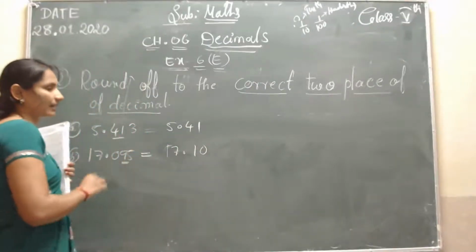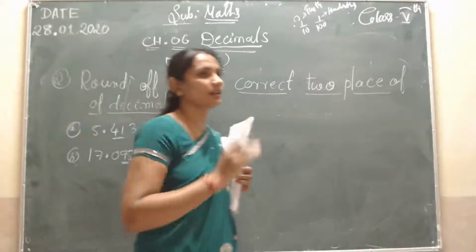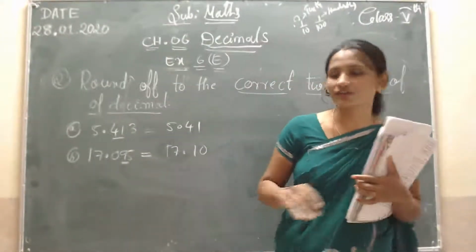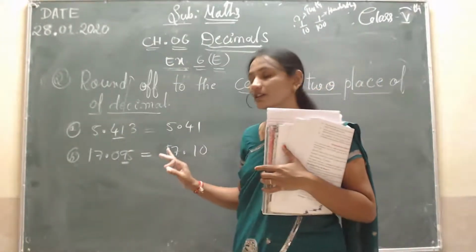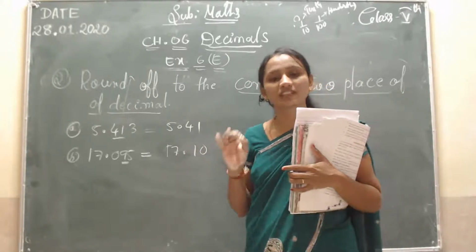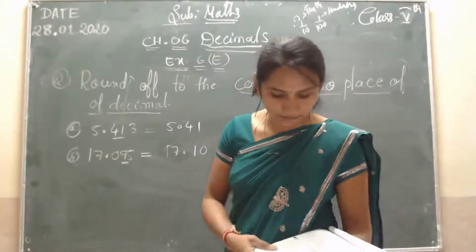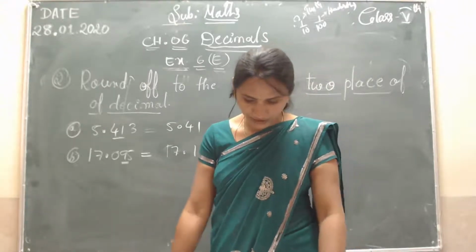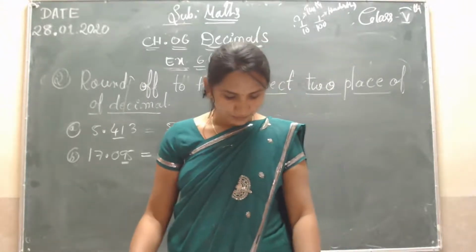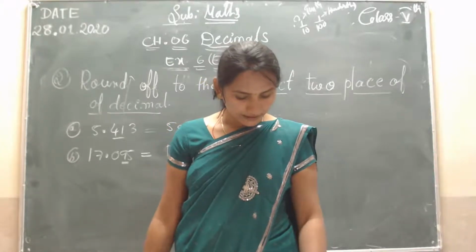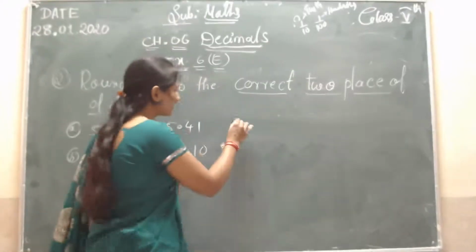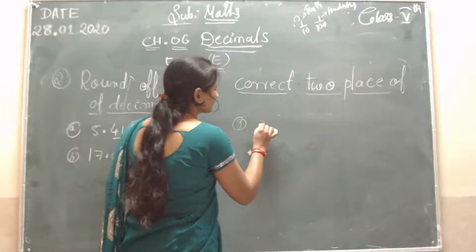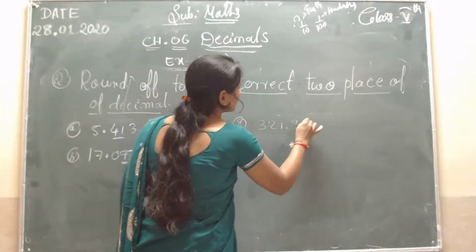Students, here 9 is a stronger number, that is the nearest of 10. So you have to take it here as 1 point. 17.10. Okay, so next you see, students, question number G. Given is G 321.321.